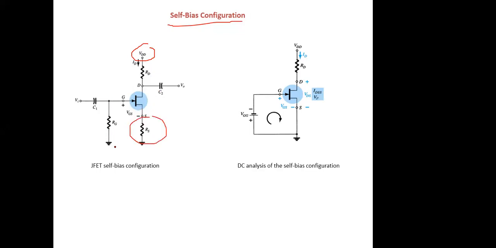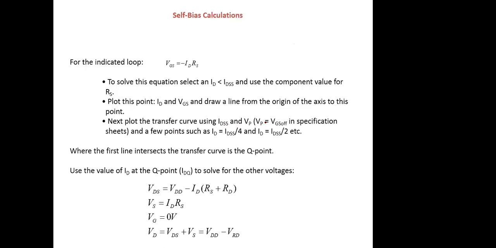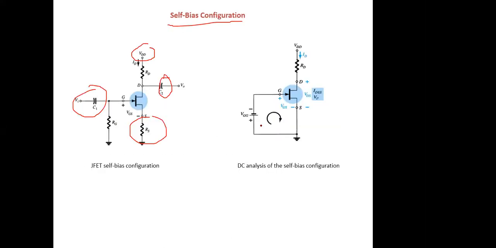There will be one resistance RG over here, and there will be input voltage over here, and output voltage. We will be taking it from here. Same way C1 and C2 are connected, and we will be doing the DC analysis for this also.